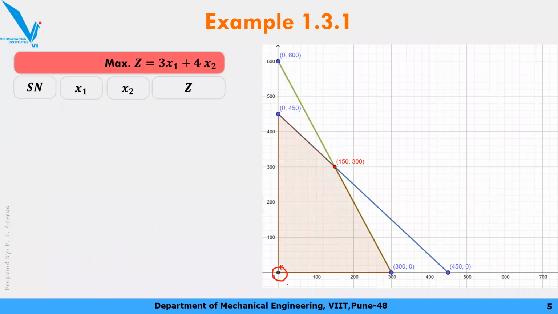So this first corner point is 0, 0. Never forget the origin also. Second corner point 300, 0. Third corner point 150, 300. Fourth corner point 0, 450. Okay, so these 4 corner points are present in your feasible region, and one of these 4 is your answer.